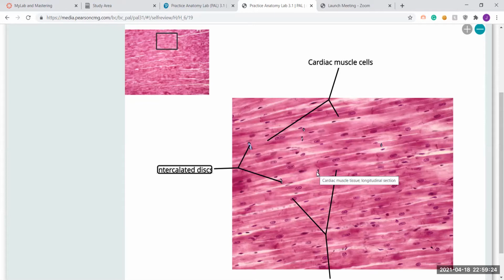You see, these are the intercalated discs, which connect one cardiac muscle cell to another through the gap junction. That's why the action potential in one cell can easily propagate to other cells, which is called a syncytium in the heart.